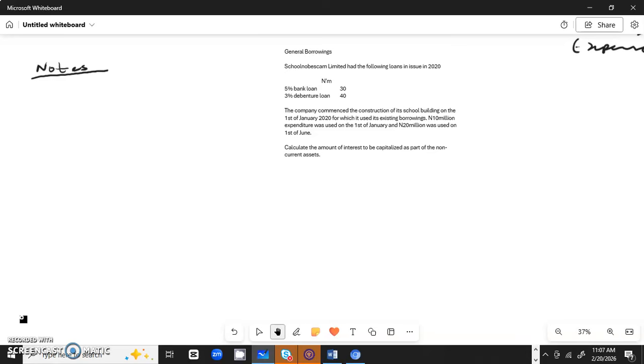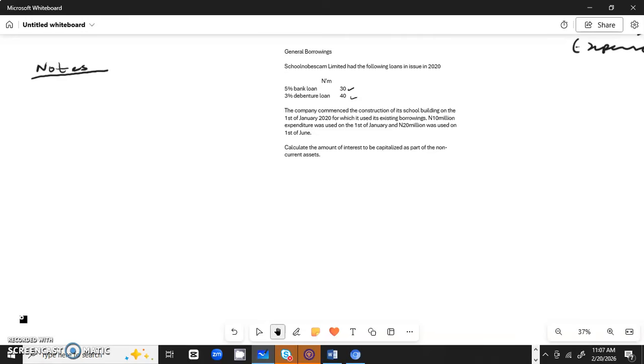When you look at this question very well: 5% bank loan, 30 million naira; 3% debenture loan, 40 million naira. So it means that this company took different loans, a bank loan and a debenture loan, with different interest rates, 5% and 3%. According to IAS 23, we are to use the weighted average interest method.